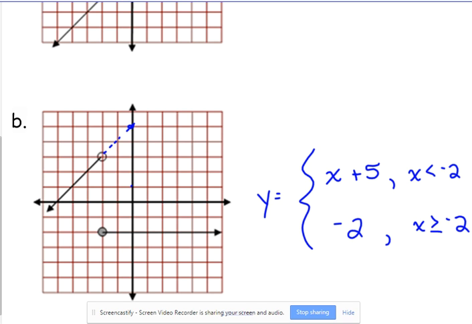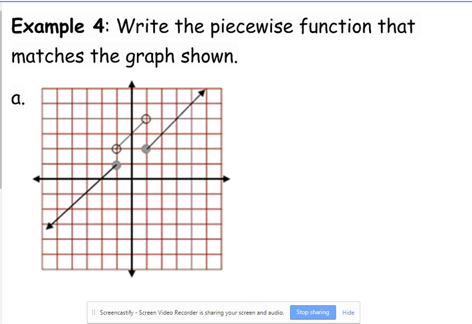Okay, just make sure we've got this. Let's look at some 3-piece equations. Example number 4. We've got 3 pieces here. We change in 2 different places, so my brace needs to be a little bit bigger. We've got x is less than or equal to -1, because that is a solid point on that left piece.